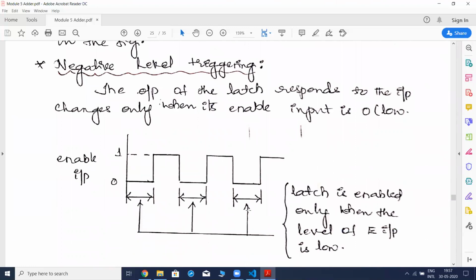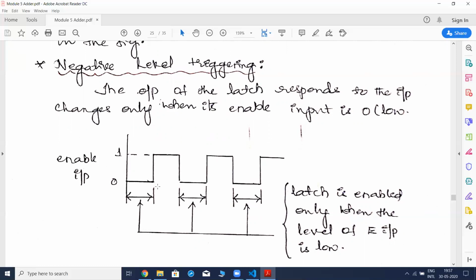Now we'll move on to the negative level triggering. The output of the latch will respond to the input only when the enable input is 0, or low. That is being shown over here. Here we have the level as 0, that means logic level 0. During this time, the output will change according to the input.